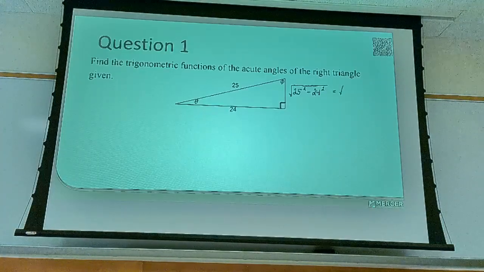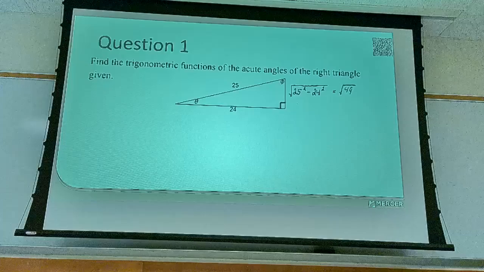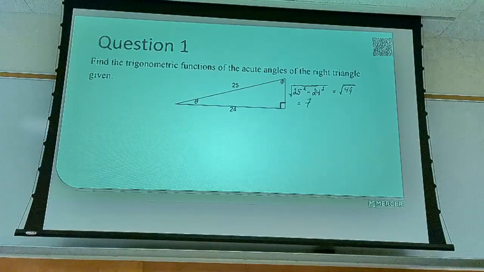You said 625 minus 526? 576. That's 49. What's the square root of 49? 7. Missing length is 7.